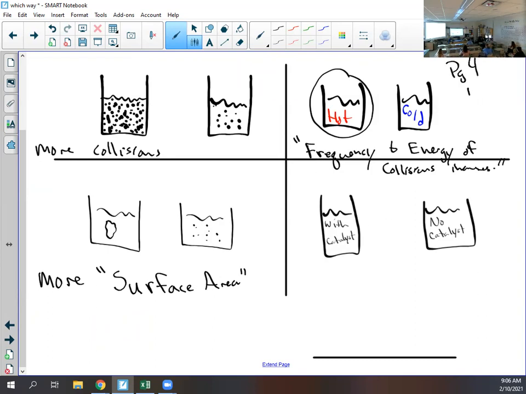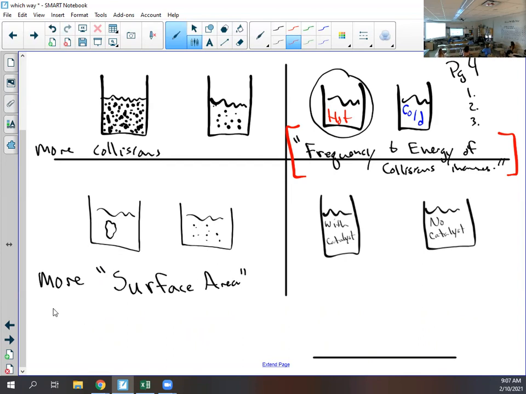Page 4, there were 1, 2, 3 things at the top, right? Number 1 we did. All right, number 2, here's the exact quote: the frequency and energy of collisions increases. You've got to know that. All right, then for the third one, it was where we made it a powder instead of a chunk.